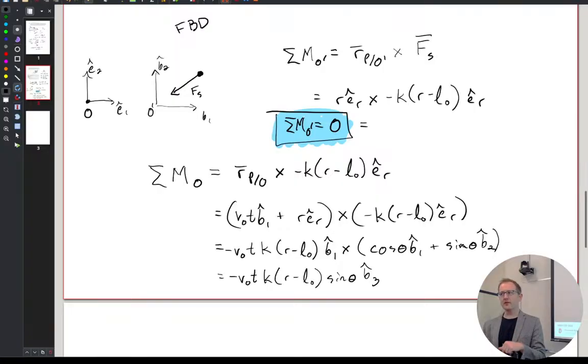What is the sum of the moments? A total moment on the system. If you apply a torque on something, what happens to it? It starts spinning. So what's the resistance to spinning?